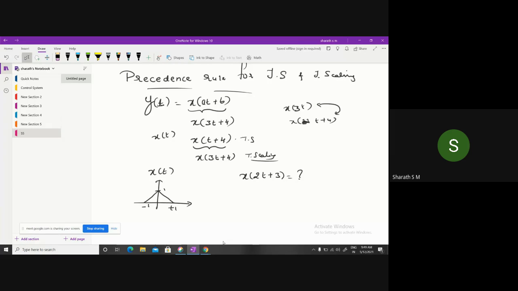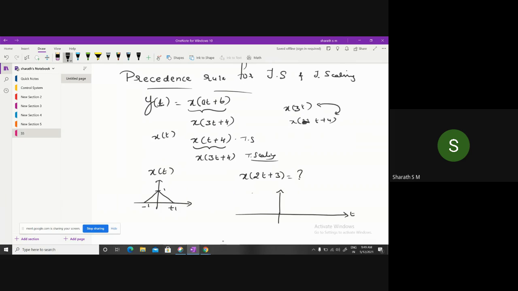So for x of 2t plus 3, which operation do we need to do first? Shifting operation. So first write down x of t plus 3. So x of t plus 3 means we need to shift the signal towards the left by 3.